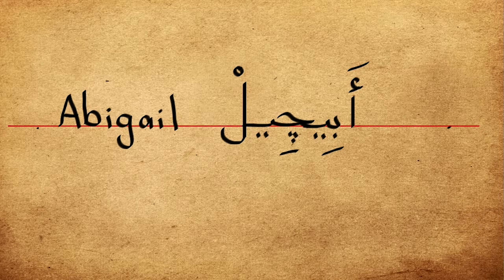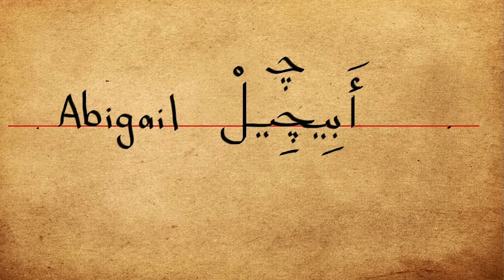So this is actually the letter jim, and we add two more dots beneath it. There is no letter in Arabic that looks like this, but this is to write the sound ga, actually.